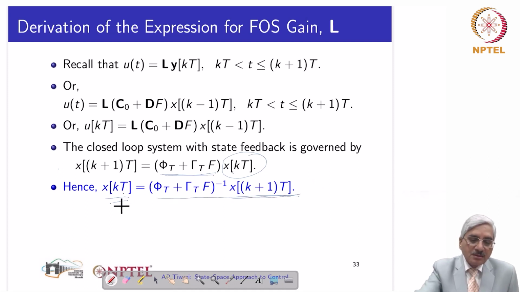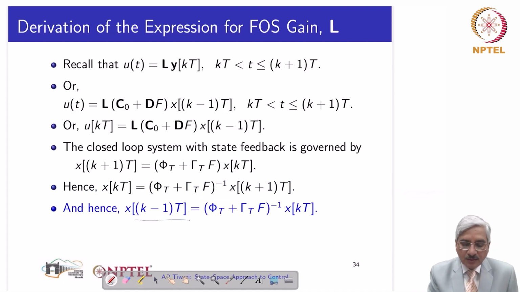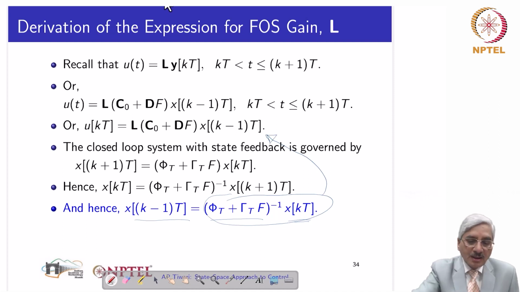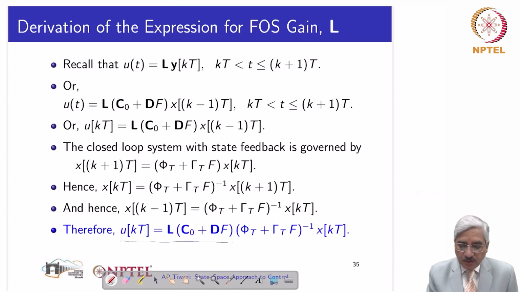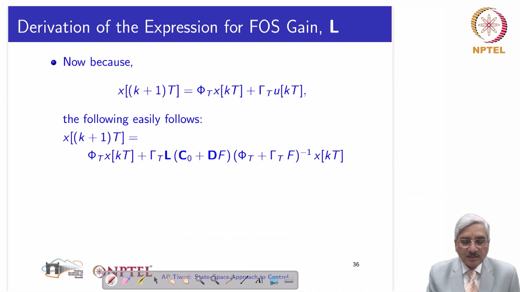And this one means x((k-1)τ) will be a similar inverse and x(kτ). This whole thing we can substitute here in place of x((k-1)τ), and that will give u(kτ) equal to this, this whole thing into this whole thing. This whole thing we are denoting by boldface C. Thus we got U equal to LC.